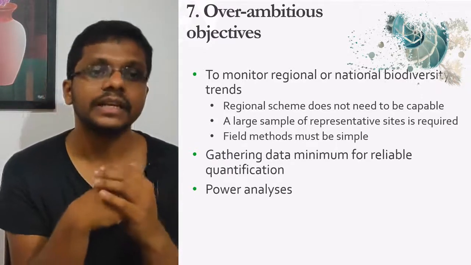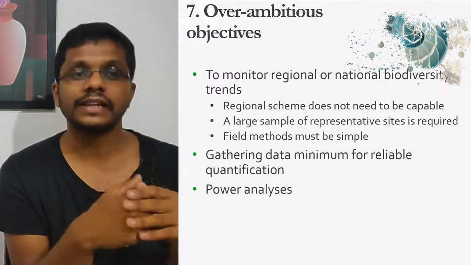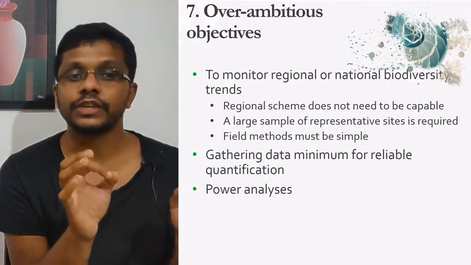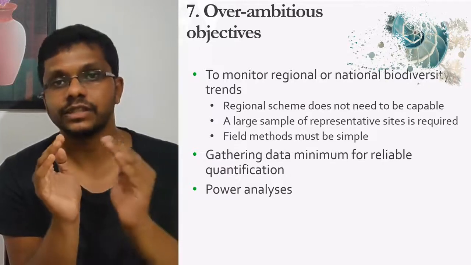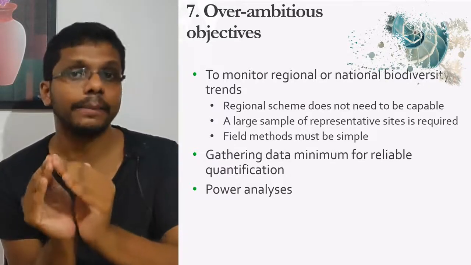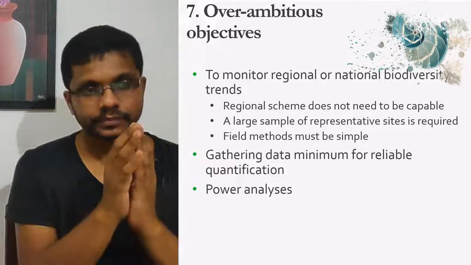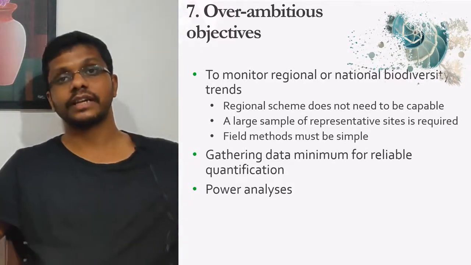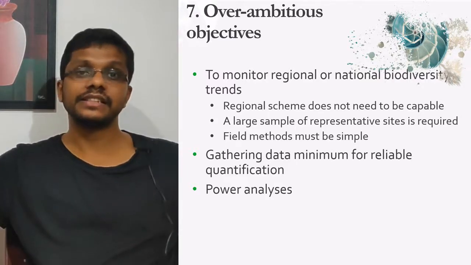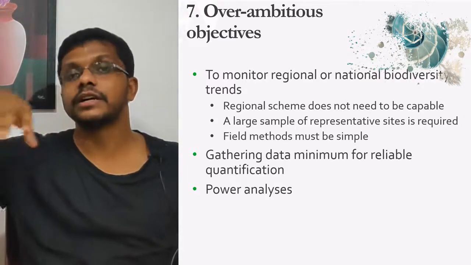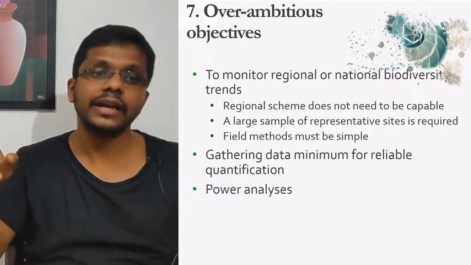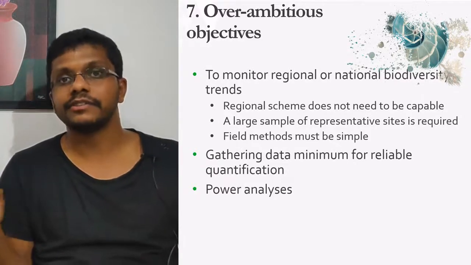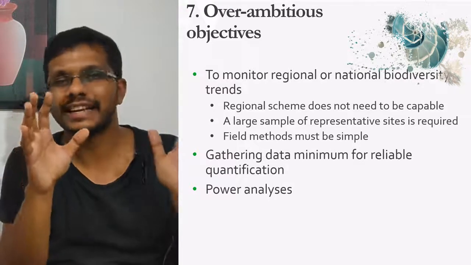Okay, to monitor regional or national biodiversity trends, regional schemes need not be capable, because the schemes we use for a small geographical area may not be applicable to a large geographical area. A large sample of representative sites is required. If you are looking at a large geographical area, randomized sampling from different locations using statistical techniques is required, and the field method should be very simple so that we collect only the essential data.